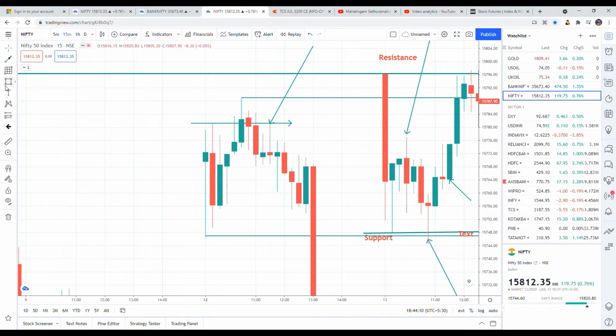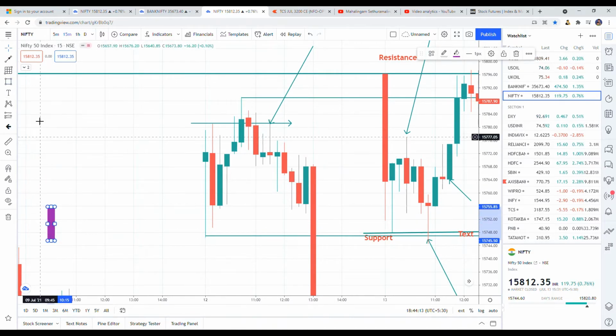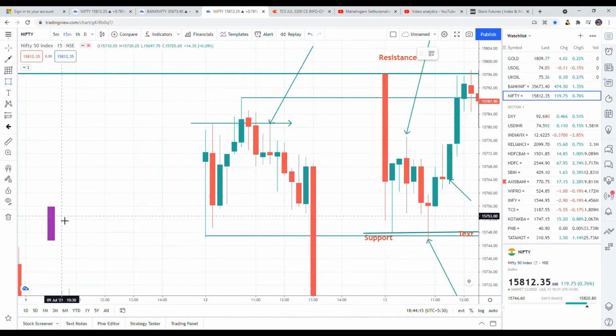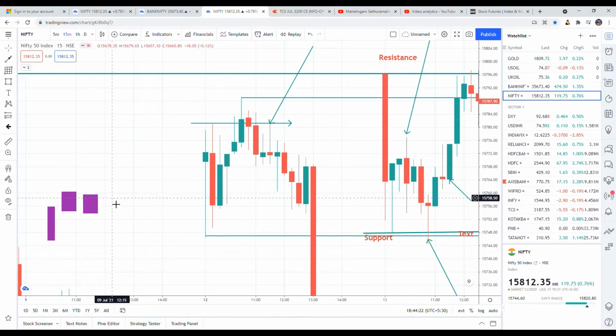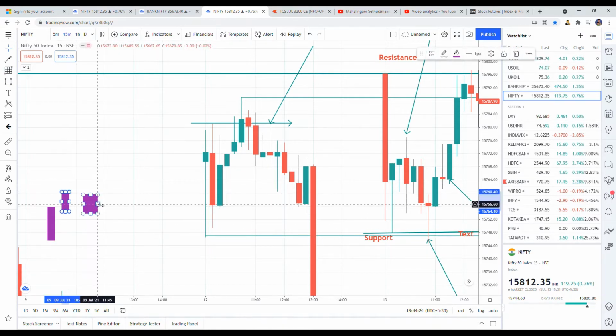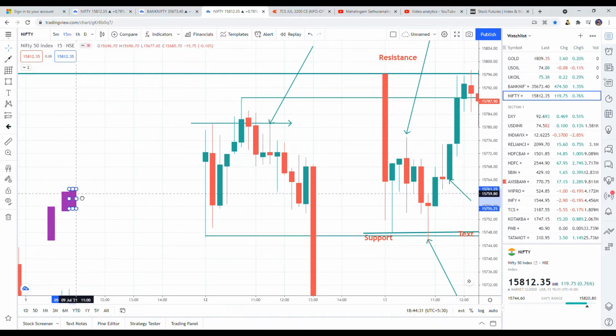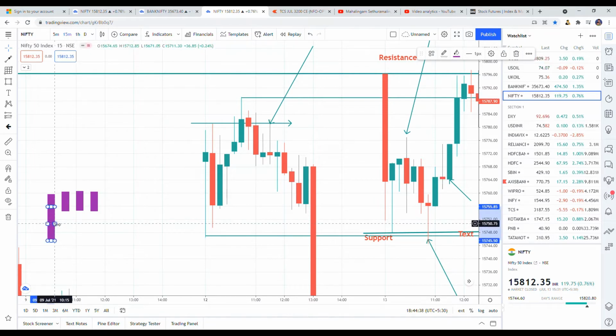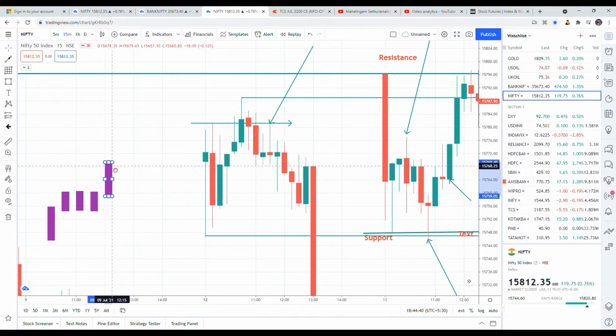See, always you have to follow the strategy called consolidation and move up. Okay, you have a candle like this, second candle, third candle, and your fourth candle will be like this. How can we predict?